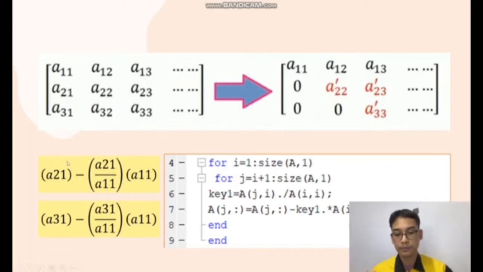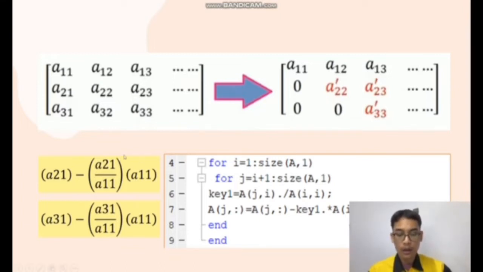From the matrix form, we can conclude that for A21, 2 is j and 1 is i, and for A31, 3 is j and 1 is i. So that's why we use j and i, because there is a looping for all of the rows for our Gauss elimination method.